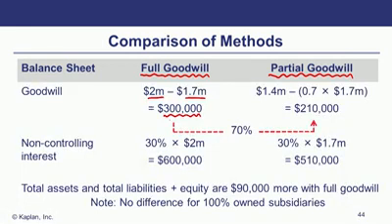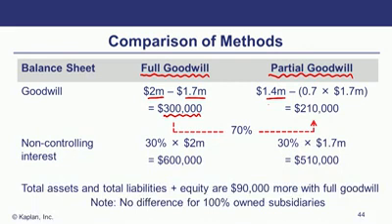Now let's compare that to partial goodwill. This doesn't look at 100%, it looks at the price that we paid to acquire our 70% stake. So we paid $1.4 million to acquire our 70% stake, and therefore we've acquired the ownership, if you like, of 70% of the net assets.